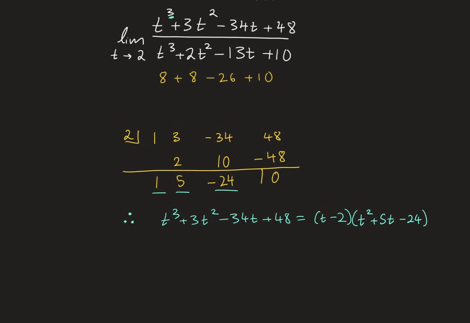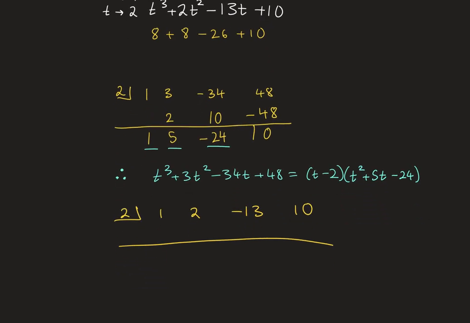Then I have to follow the same process with the denominator. So I've got 2, 1, 2, negative 13, 10. And again, these are coming from these numbers right here. Following synthetic division, hopefully that is review. Negative 5. Negative 10.